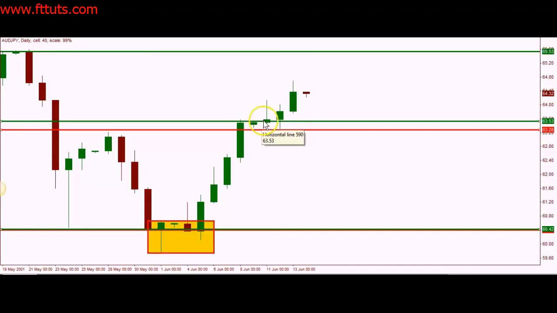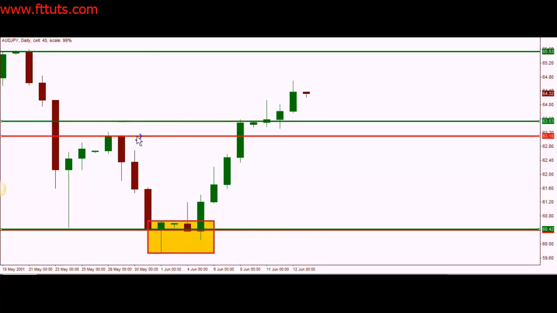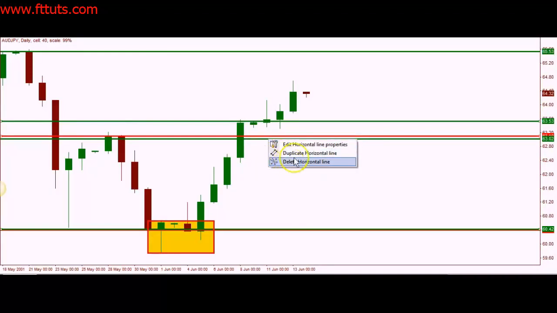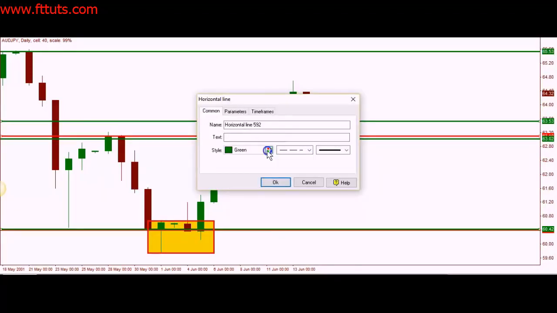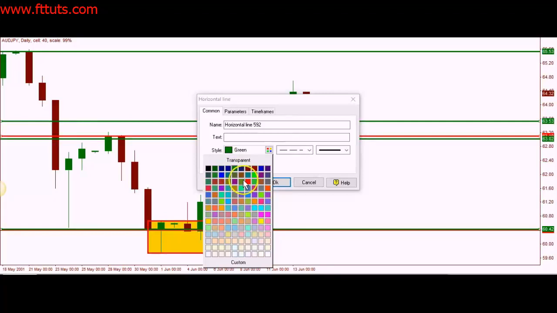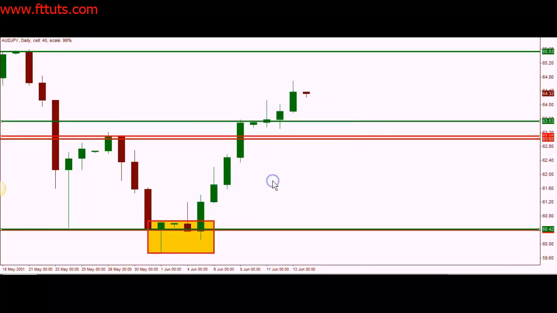So when I see this shooting star here, more than likely this was my level right here where I had support and resistance. So I can bring my stop loss to that level at least, because it's pretty close to where that shooting star was. So now that's where my stop loss would be.